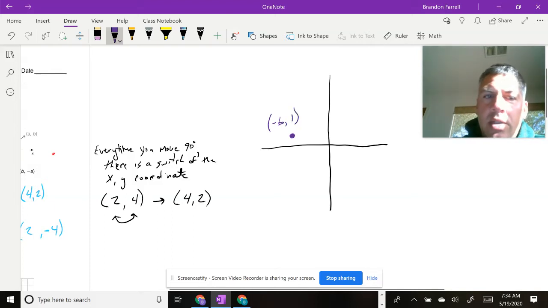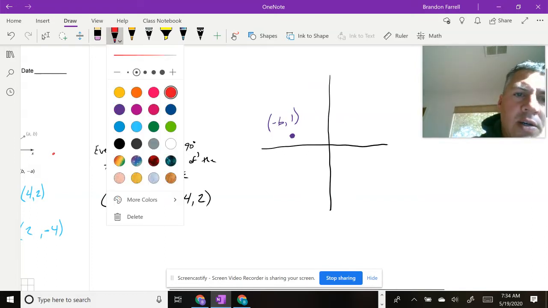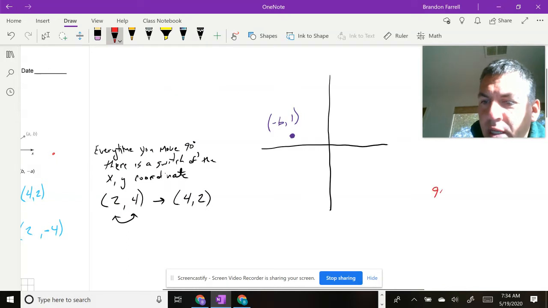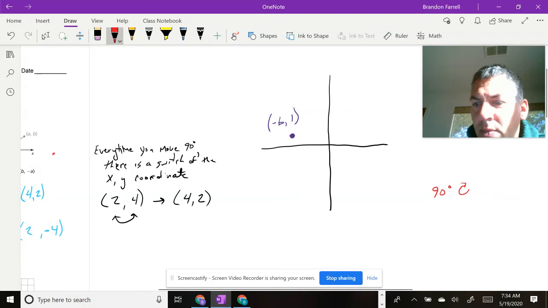All right. So let's say that my movement wants to go 100. Let's just start with 90 degrees clockwise. Okay. Clockwise means it follows the clock.